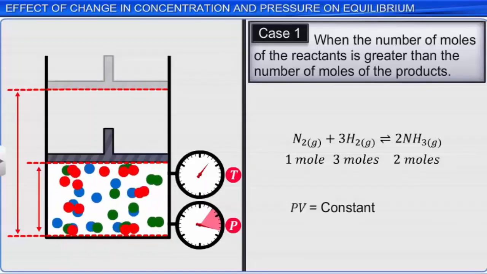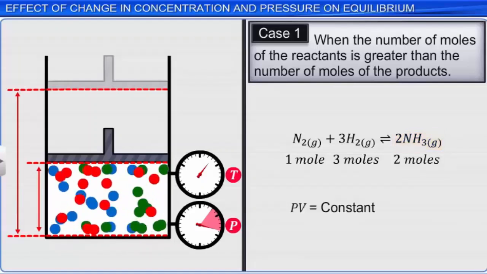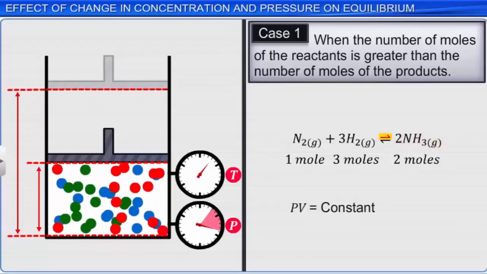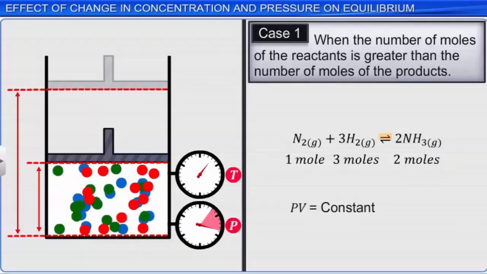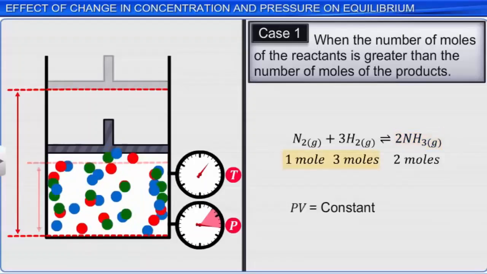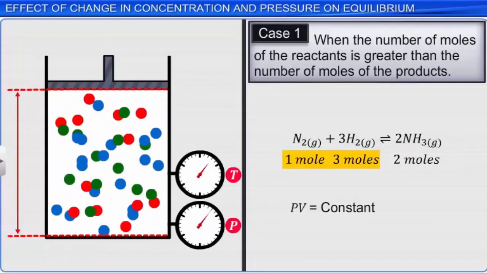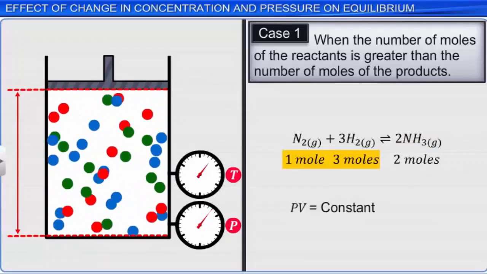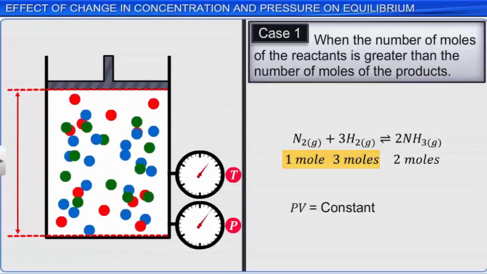So, in this case, the reaction proceeds towards the formation of the product ammonia. If you decrease the pressure on this equilibrium, the equilibrium shifts in the direction of the increase in the number of moles of the gas. Hence, ammonia undergoes dissociation to give back nitrogen and hydrogen.